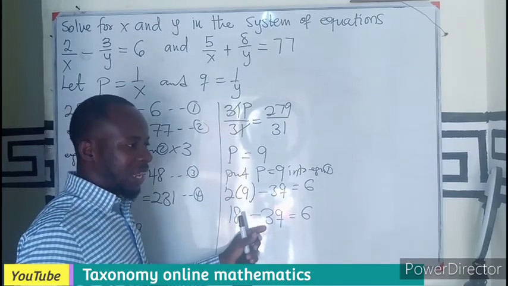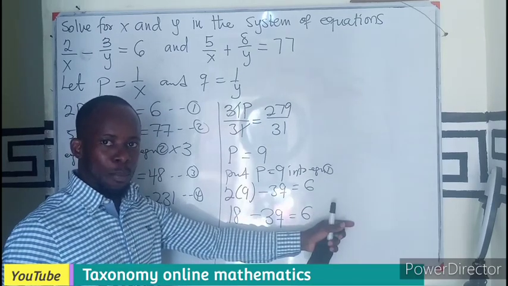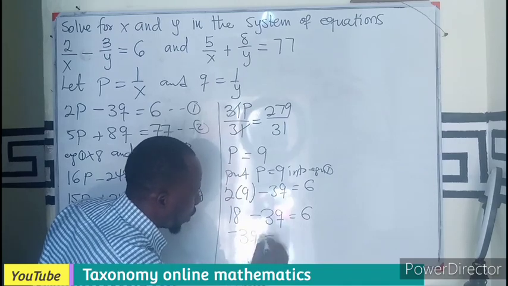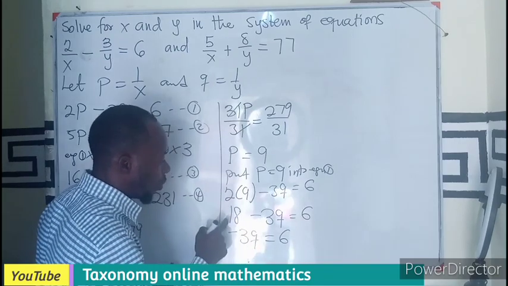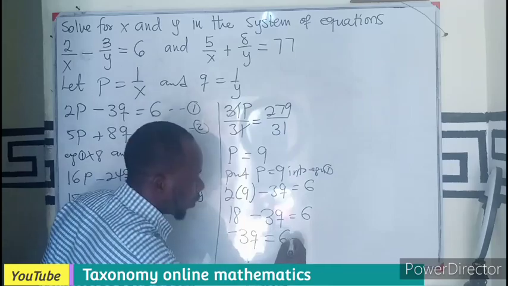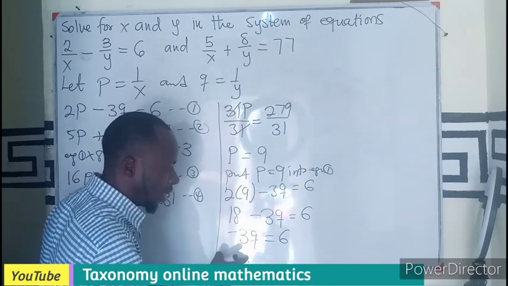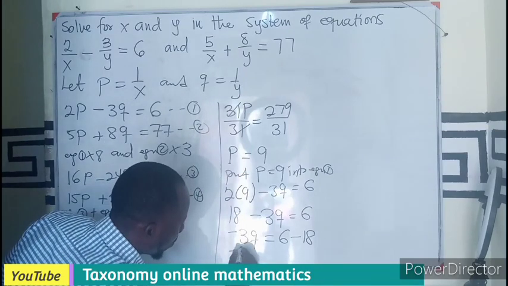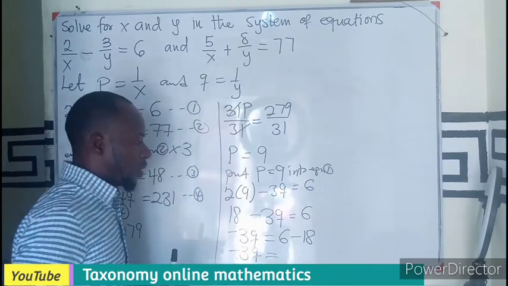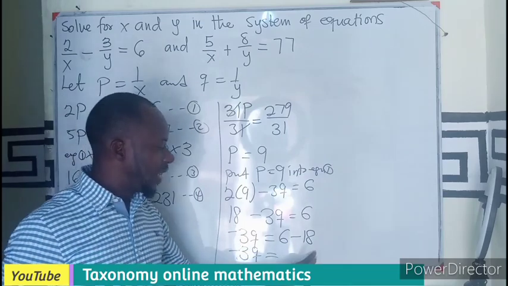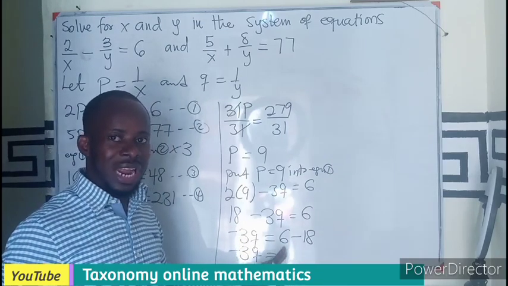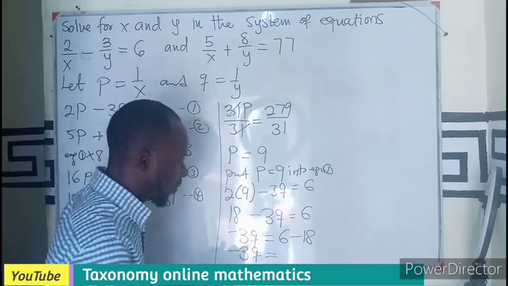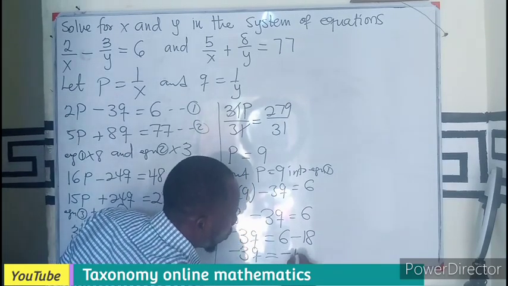We can send the 3q across to become positive, or we maintain it as negative 3q equals 6 minus 18. I am going to subtract 18 from both sides. 18 minus 18 will give you 0 here, then minus 18 out there. So minus 3q equals 6 minus 18, and because 6 is smaller than 18, you get a negative value, which is 12. So I will have minus 12.